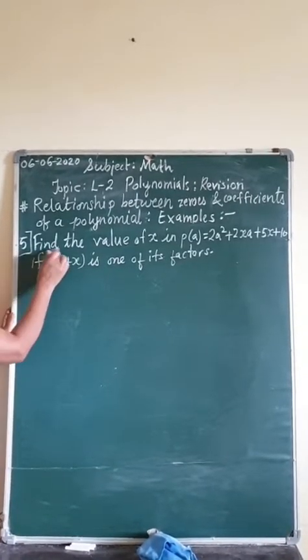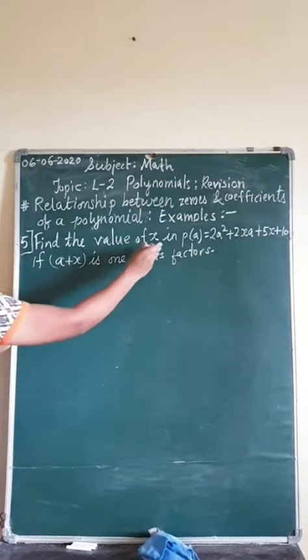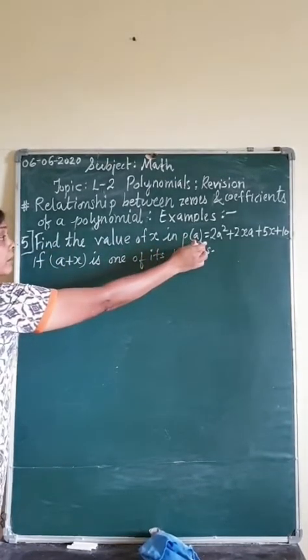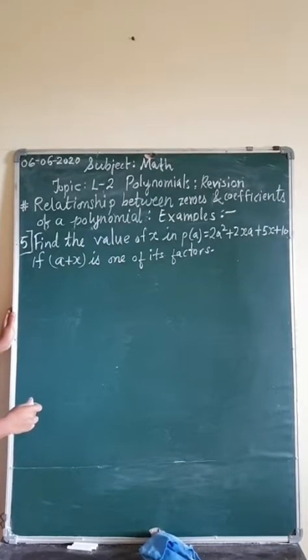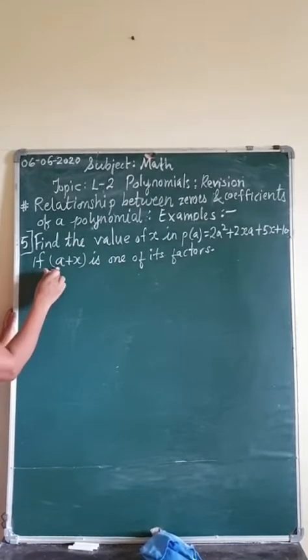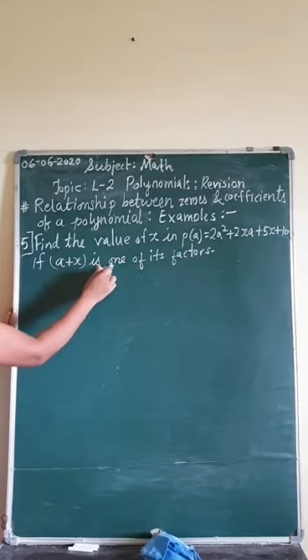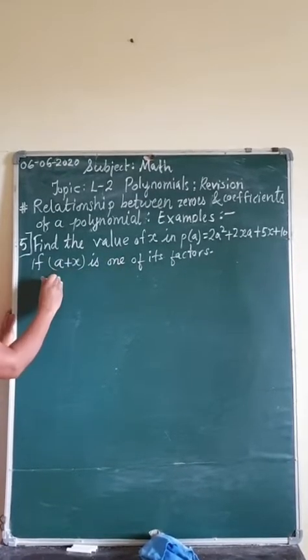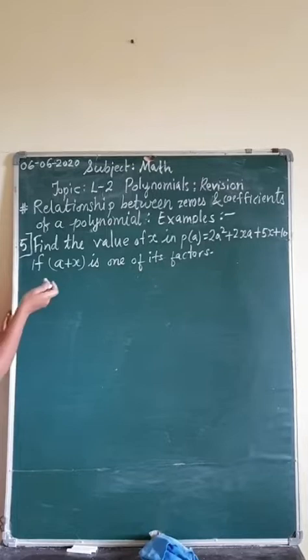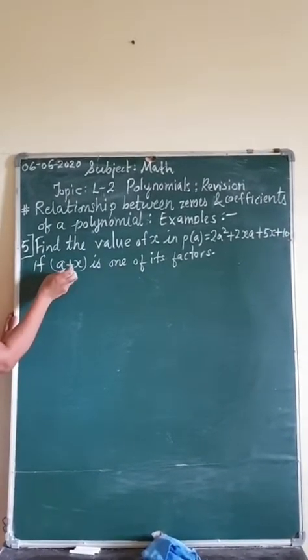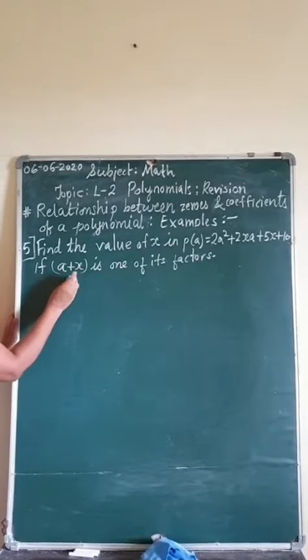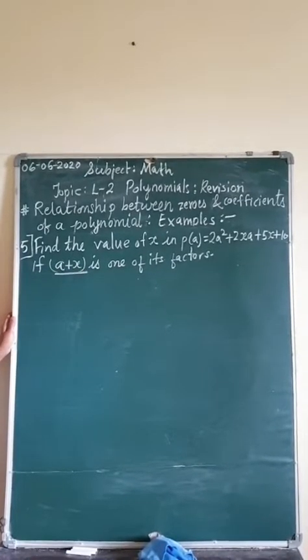Fifth example. Find the value of x in the polynomial p of a is equal to 2a square plus 2xa plus 5x plus 10 if a plus x is one of its factors. This example is similar to the previous example, only the wording is different. Here they have given that a plus x is one of its factors.